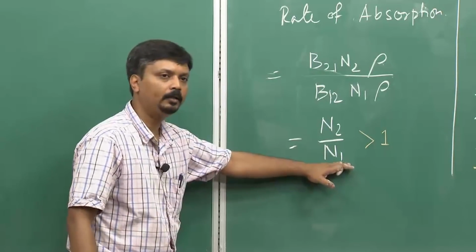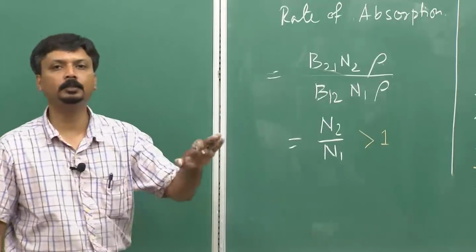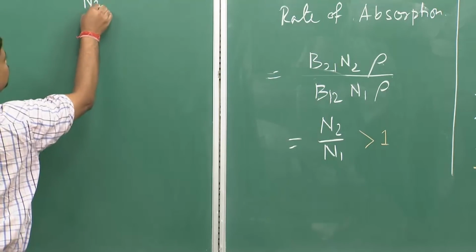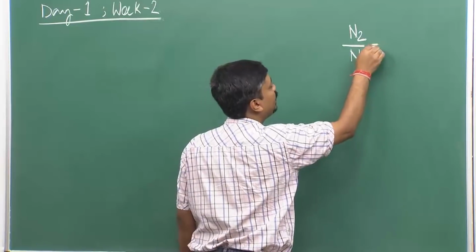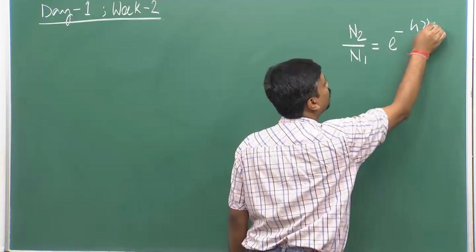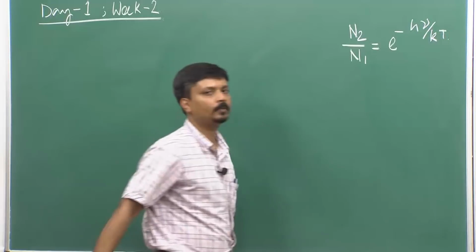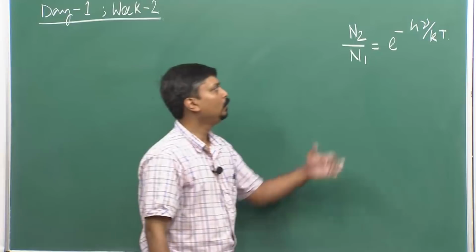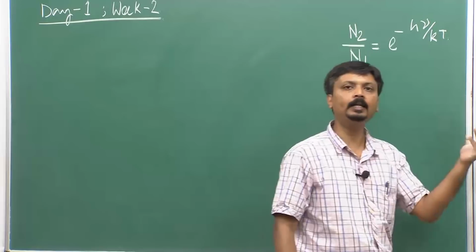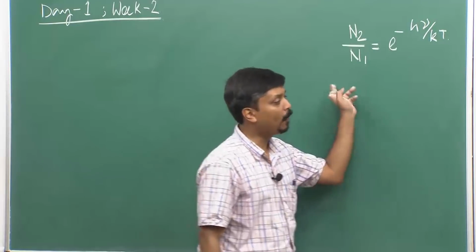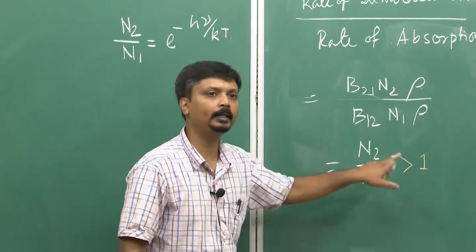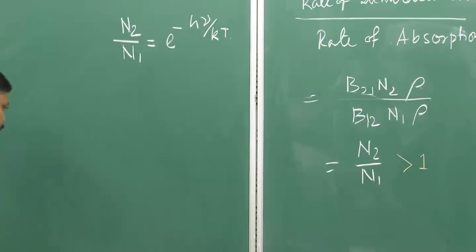Simply, if I look at the equilibrium population distribution, and if we again look at the Boltzmann statistics, then what do I have? Normally what I can see is that N2 is very much less than N1, and I want N2 to be much higher than N1, correct. N2 should be greater than N1 in order to have laser action.